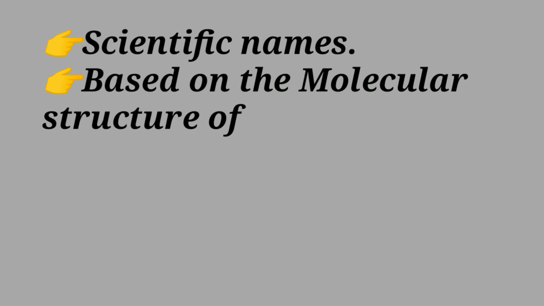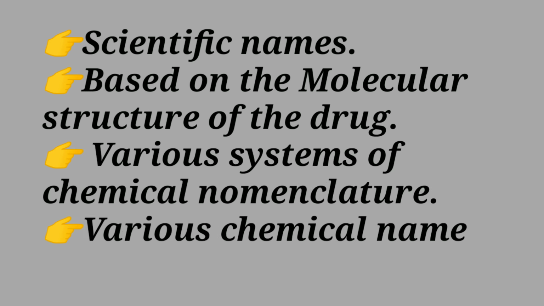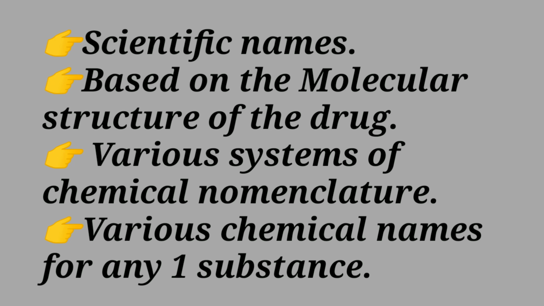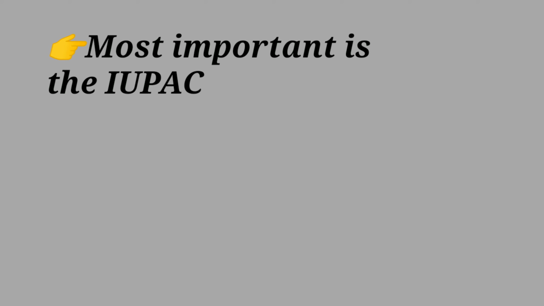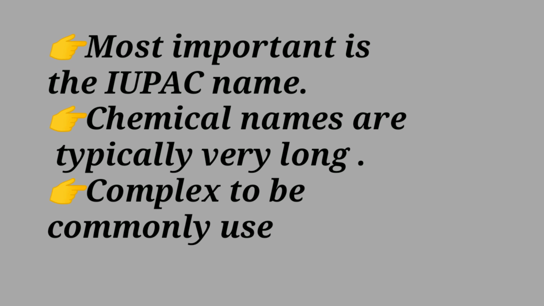That is, chemical names are the scientific names based on the molecular structure of the drug. There are various systems of chemical nomenclature, thus various chemical names for any one substance. So we can say the most important is the IUPAC name.